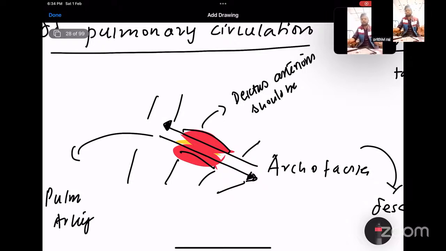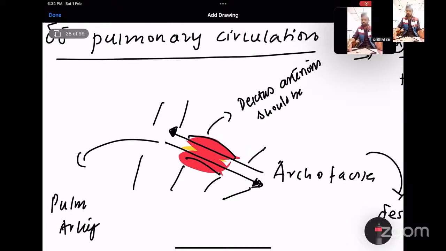That's why the target oxygen should not exceed 85% in any duct-dependent circulation. This is one practical point. The PG residents as well as interns should know this when you are seeing any child with a suspected congenital cardiac lesion.